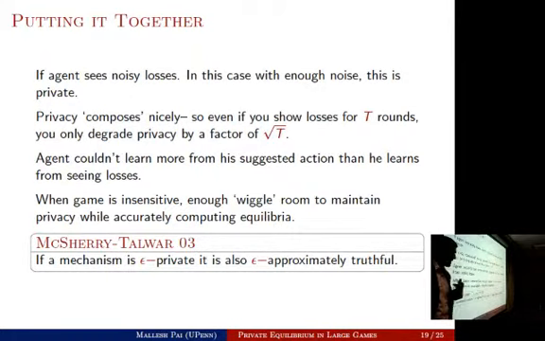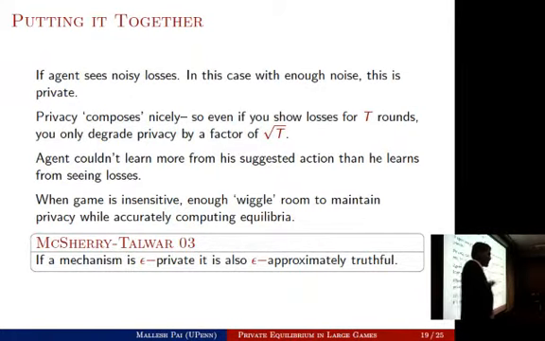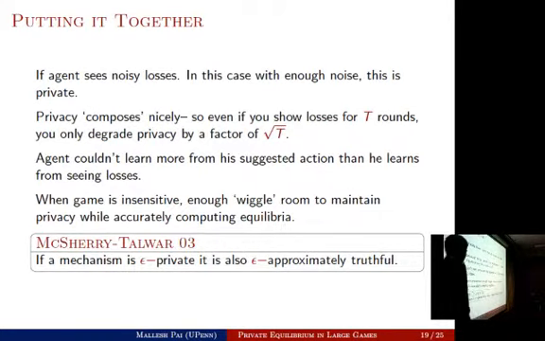Of course, the agent seeing his entire sequence of losses is an upper bound on how much he can learn from just seeing his recommended action. After all, if you give him his losses, he can compute his action. So in particular, seeing your action can't give you any more information about other people's types than seeing the losses that your recommended action was computed from.